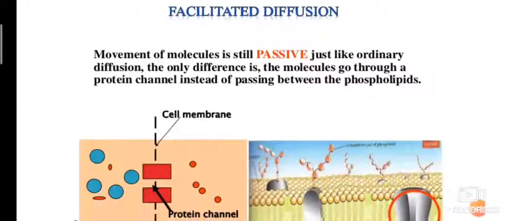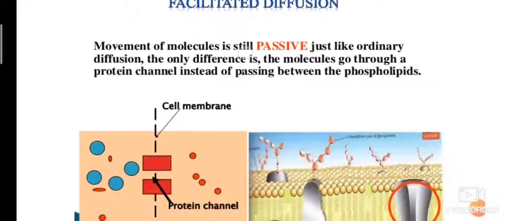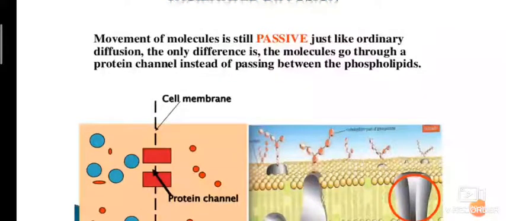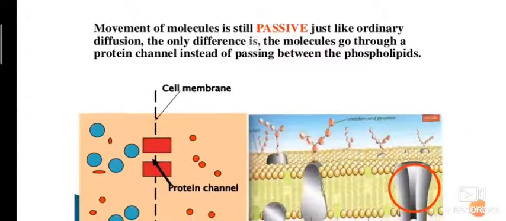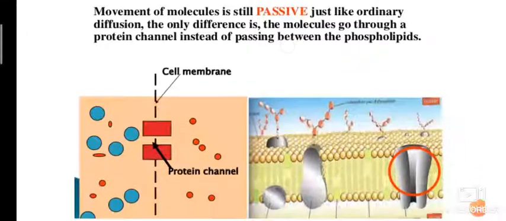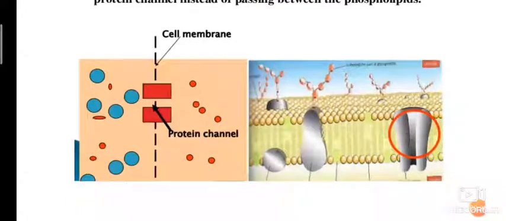In facilitated diffusion, movement of molecules is still passive, just like ordinary diffusion. The only difference is the molecule goes through a protein channel instead of passing between the phospholipids.